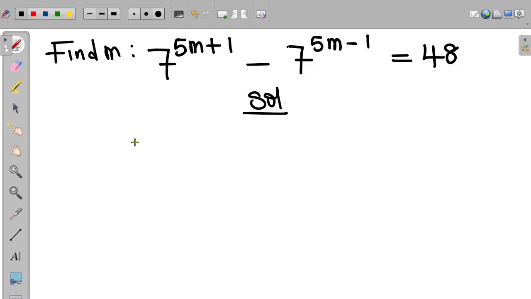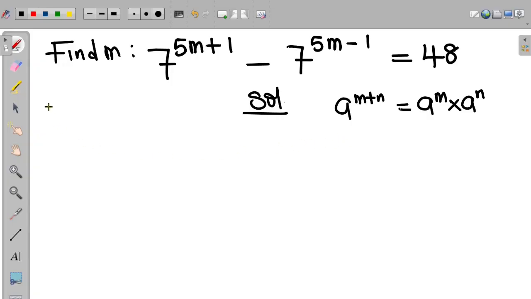So at this point, the first thing we do is focus on the left hand side and apply the laws of indices. Now, recall that if I have a to the power of m plus n, this is equal to a to the power of m times a to the power of n.